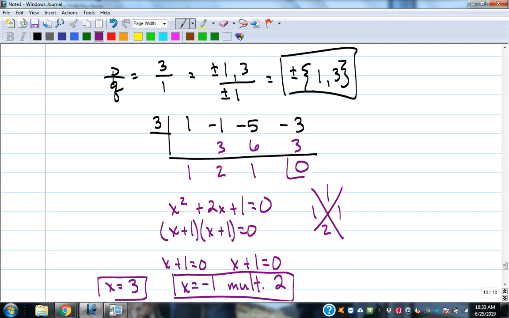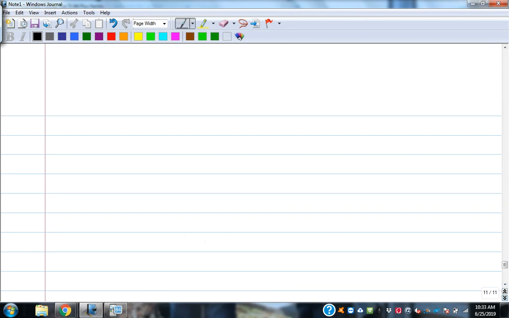So far, everything we found has had real solutions. What if it had a complex mixed in there with it? Doesn't change how you do it very much at all, other than once you get to the quadratic part. All right, so let's look at this problem.